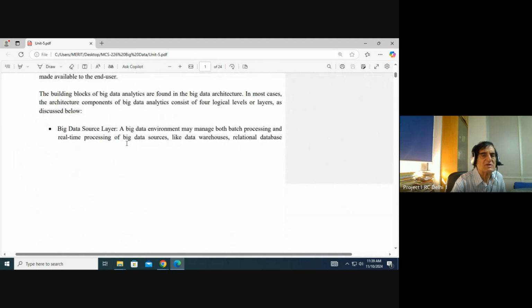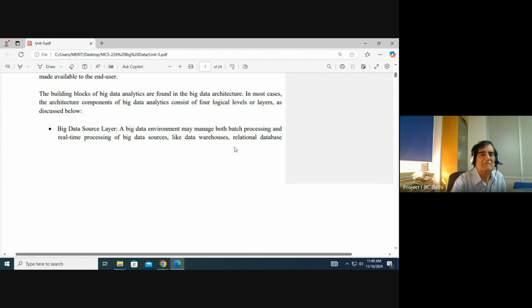Big data sources: a big data environment may manage both batch processing and real-time processing of big data sources like data warehouses. Data warehouses came up, and they are becoming bigger.